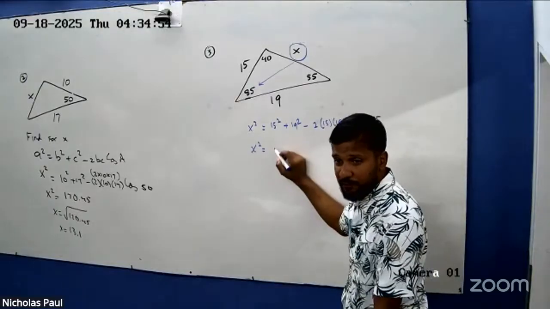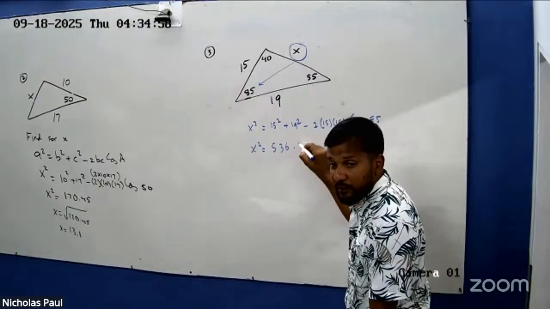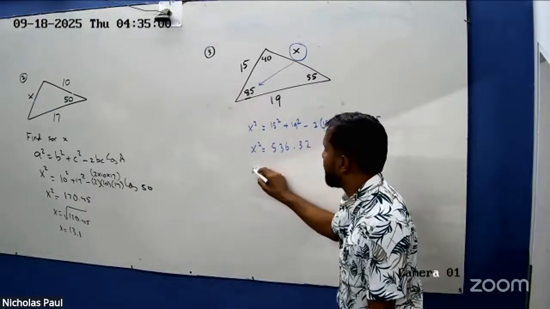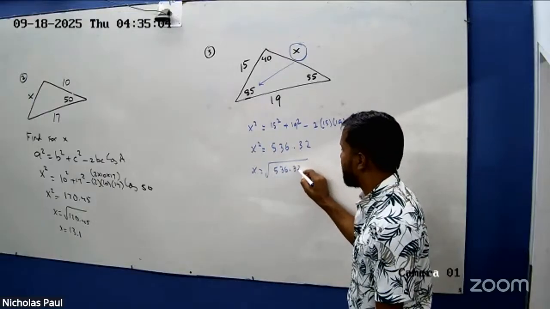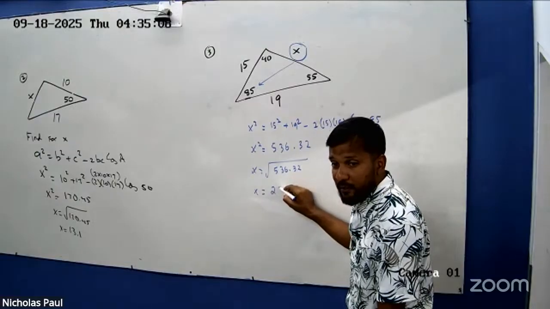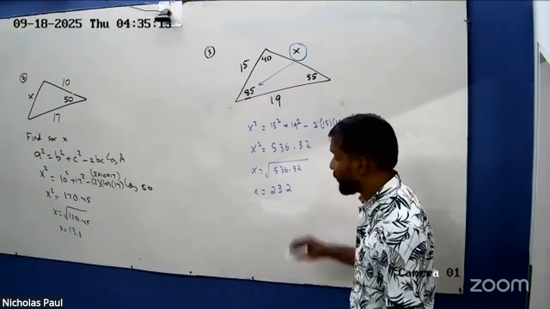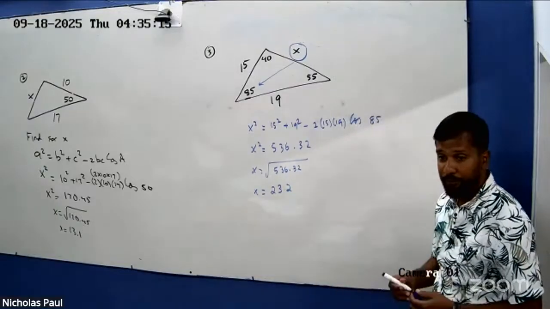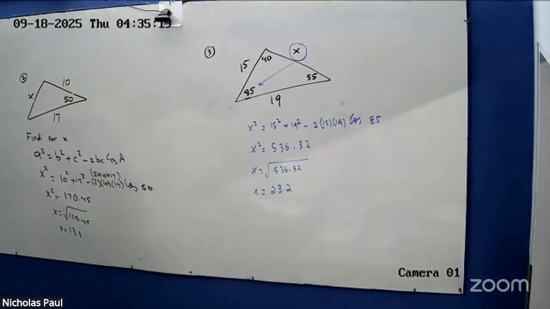What did you get? 536.32. So x is the square root of 536.32, which is 20.2.